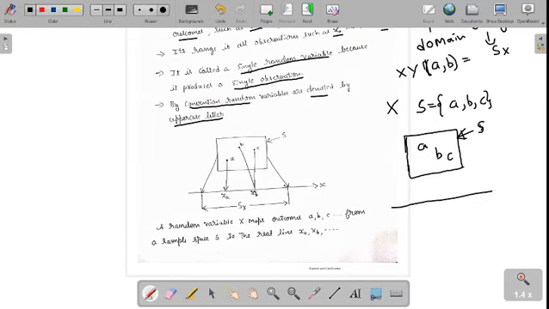Next we need to map this to some real line. Who does the mapping? It is the random variable x. Random variable x maps this a to some real number x a. Similarly, b and c will be mapped to xb and xc. This is done by your random variable.